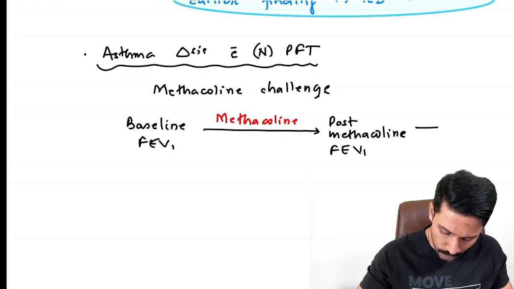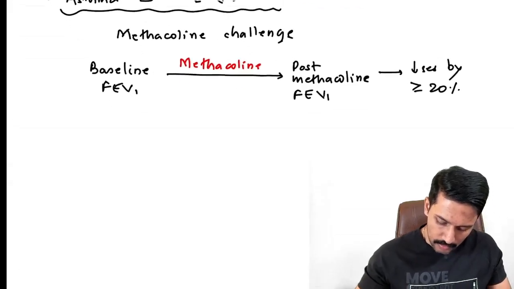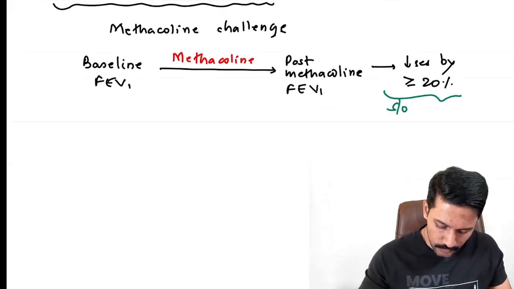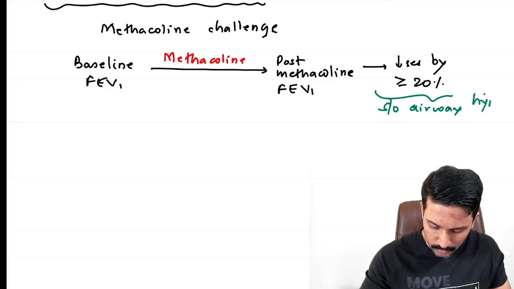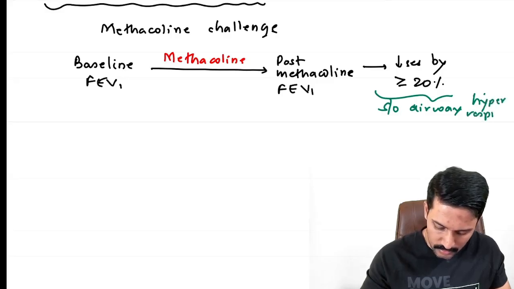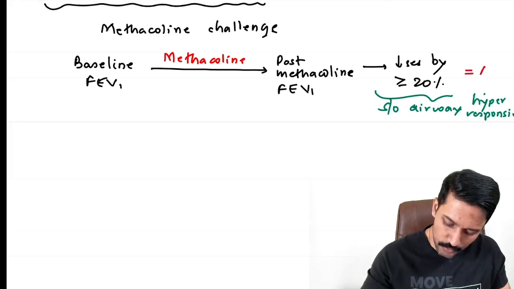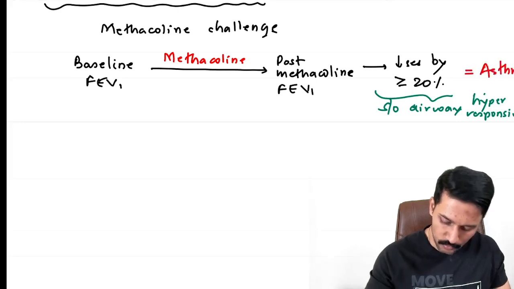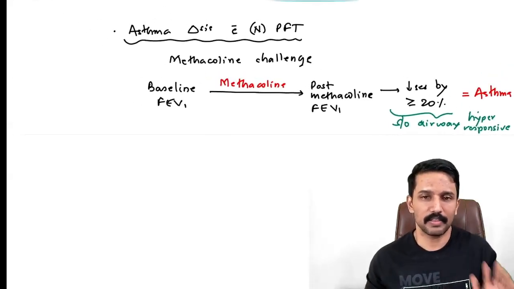If it decreases by more than or equal to 20%, it is suggestive of airway hyperresponsiveness, and that is equal to asthma. So basically we are triggering an asthma attack by giving this methacholine.